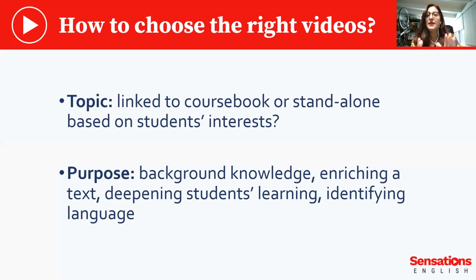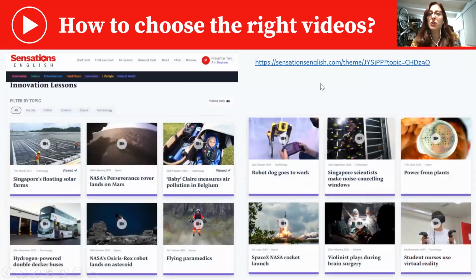So we said how to choose videos, 4 criteria: length, frequency, topic, and purpose. All right. Now, let me give you a short example by using a screenshot of the website Sensations English. So imagine that in my course book, there is some material related to innovation.